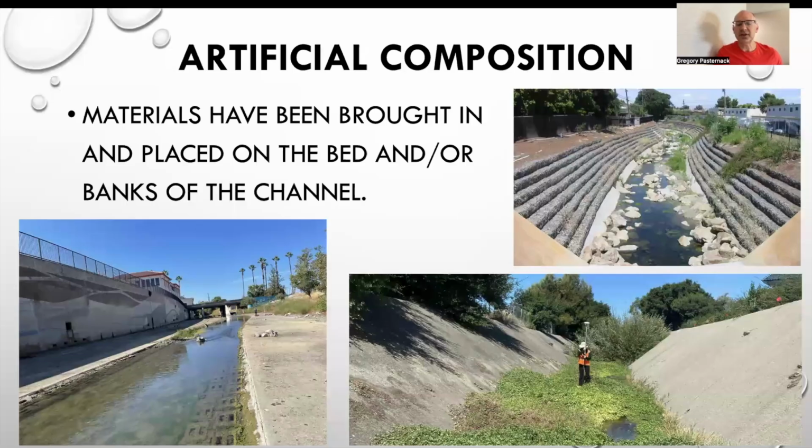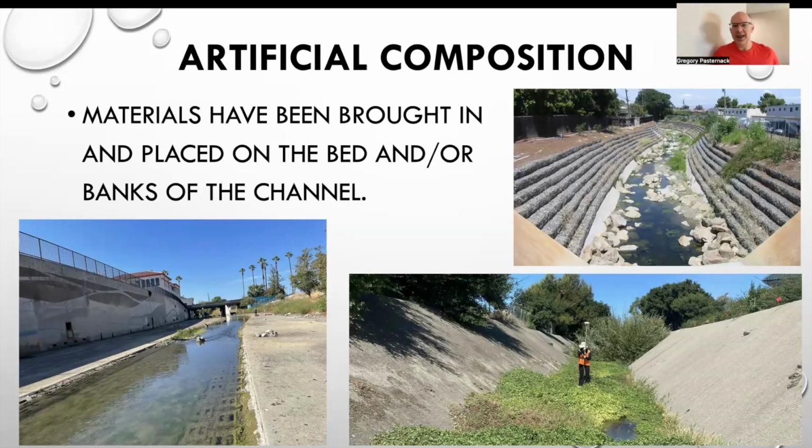The topic for this video is riverbed and riverbank composition. Composition is like, what is it made out of? And typically that's going to be some kind of sediment or human-built materials.